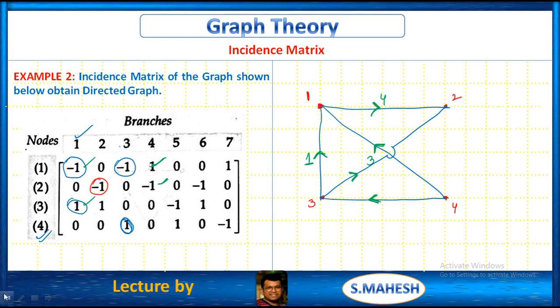Clear. Next, last one. Sorry, this is what? Sixth branch, 2 3. 2 is towards, 3 is away. 2 3. Where is 2 3? Already 2 3 is represented, right? No problem. We are having an extra branch.